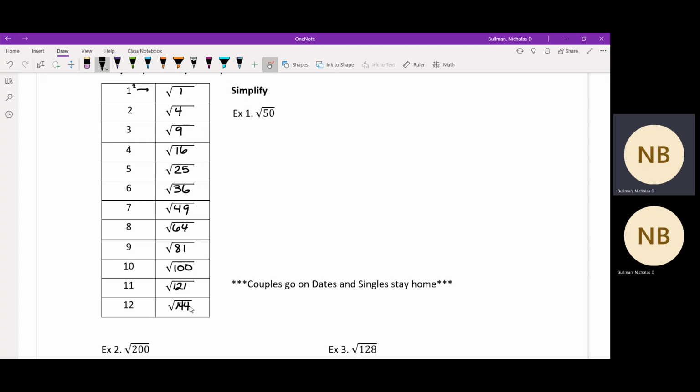Okay, so if I need to simplify a square root, for example, the square root of 50, what we can do is start splitting the square root of 50 off using numbers that we know multiply to get to 50. So for instance, I know 2 goes into 50. 2 times 25 gives me 50. And what I'll note is that this 2 is a prime number.